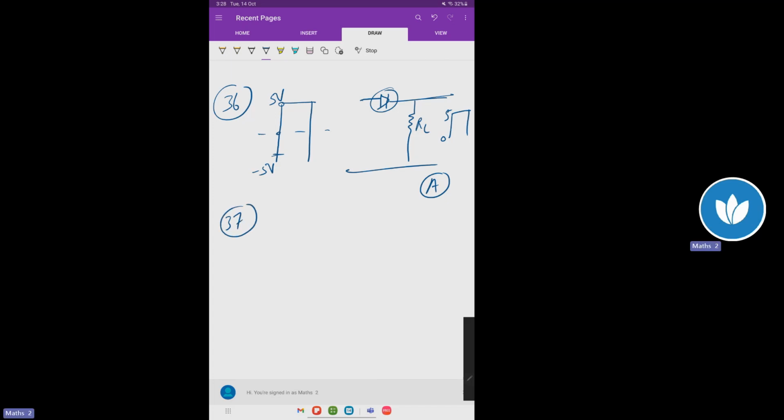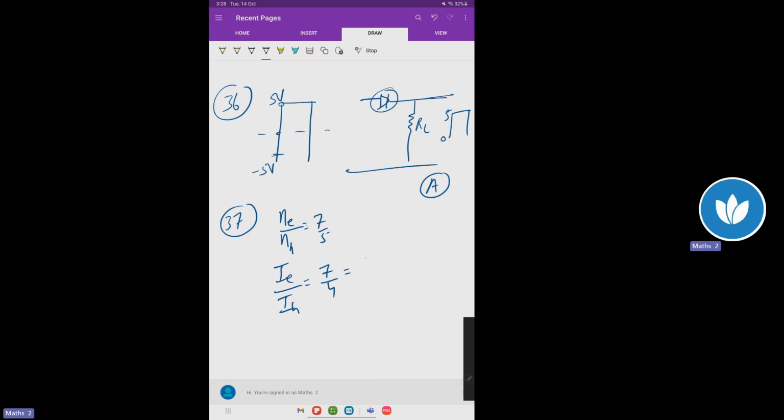The ratio of concentration of electron to that of hole in a semiconductor, Ne by Nh, is 7 by 5. And the ratio of currents Ie upon Ih is 7 by 4. Then what is the ratio of drift velocity?